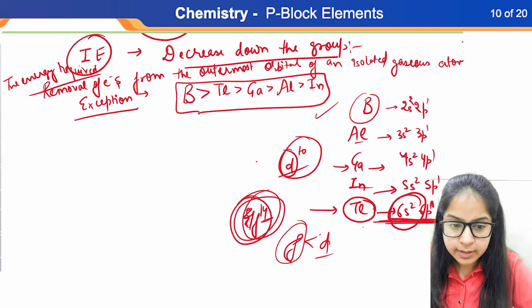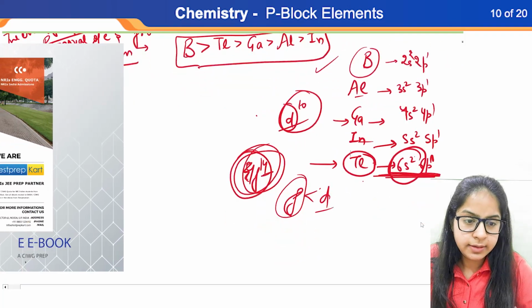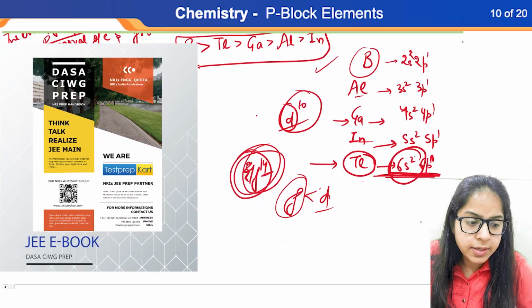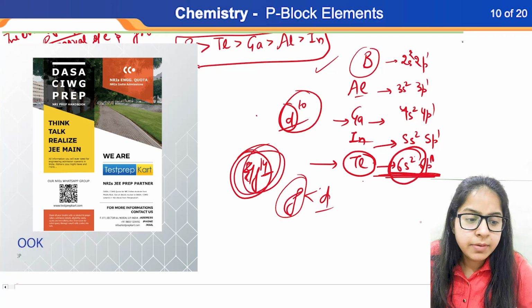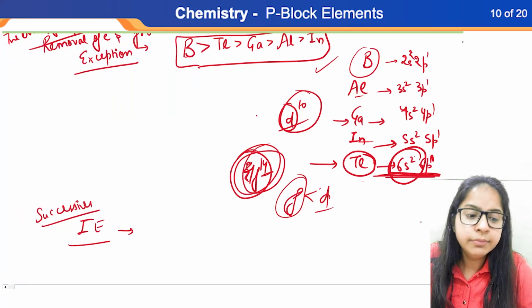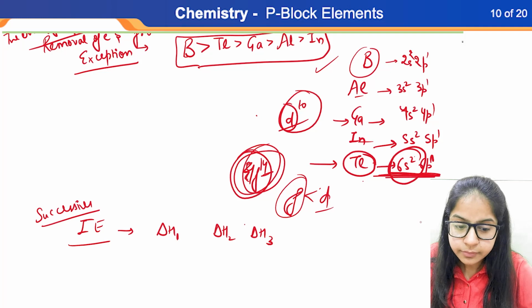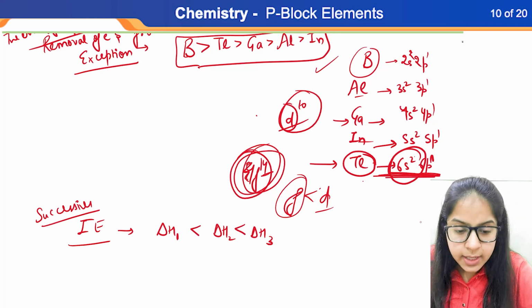Now the next trend is successive ionization energy. Remember, successive ionization energy means delta H1 for a particular element, then delta H2, then delta H3. Delta H3 is greater than delta H2, which is greater than delta H1.